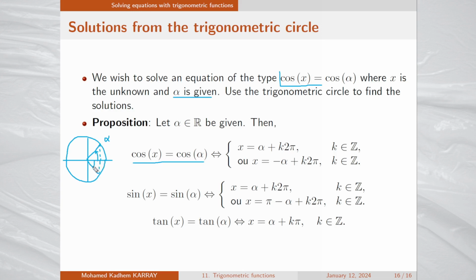These two angles, alpha and minus alpha, have the same cosine. So the equation cosine of x equals cosine of alpha holds if and only if x equals alpha or minus alpha, of course always plus the usual term k multiplied by 2 pi.